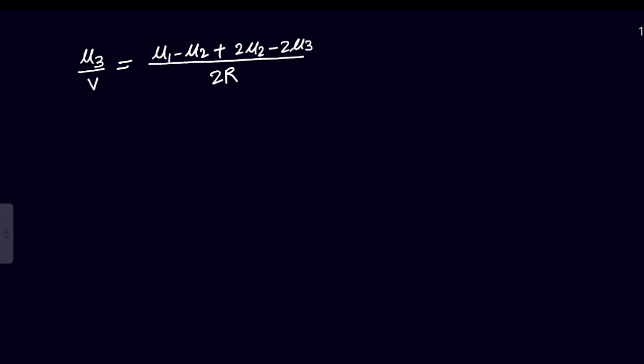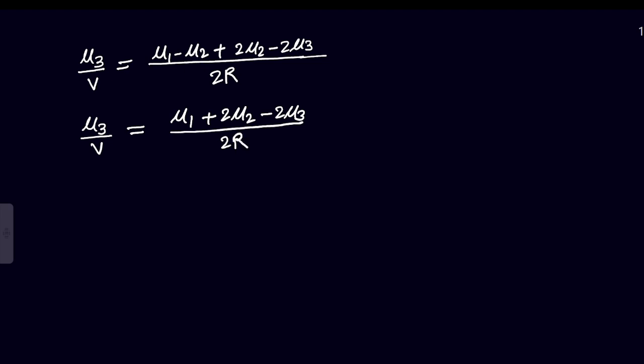After cancellations, mu3 by V is equal to (mu1 plus 2 mu2 minus 2 mu3) by 2R. This one we got.